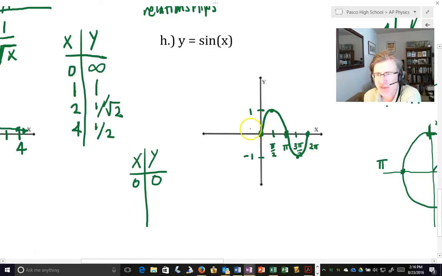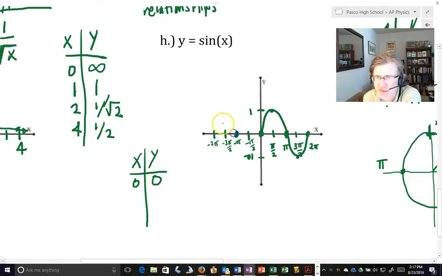You could ask what happens with the negatives: negative pi over 2, negative pi, negative 3 pi over 2, and negative 2 pi. Remember, negative pi over 2 would again be negative 1.